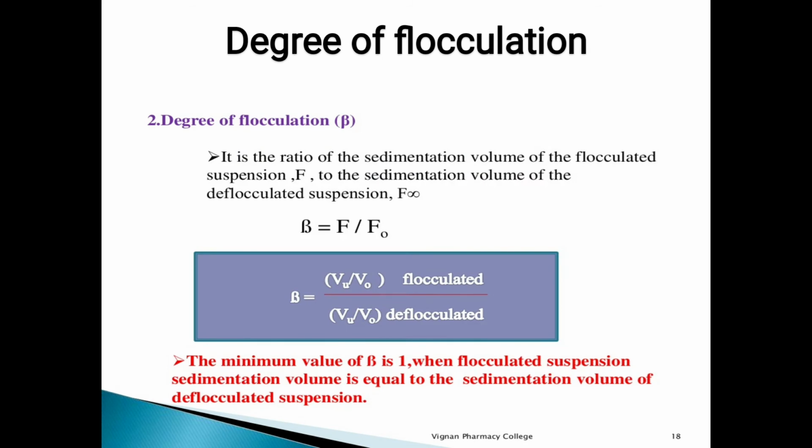Degree of flocculation is known as beta. It is the ratio of the sedimentation volume of the flocculated suspension F to the sedimentation volume of the deflocculated suspension F infinity. So beta is equal to F upon F infinity, that is Vu upon V0 of the flocculated over Vu upon V0 of the deflocculated.